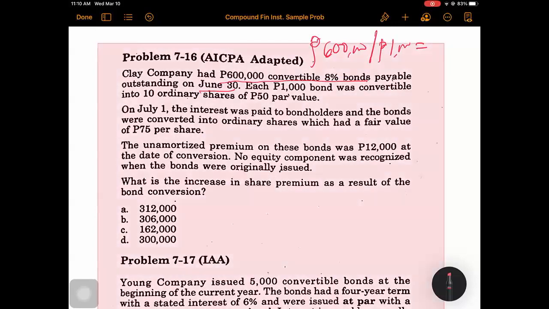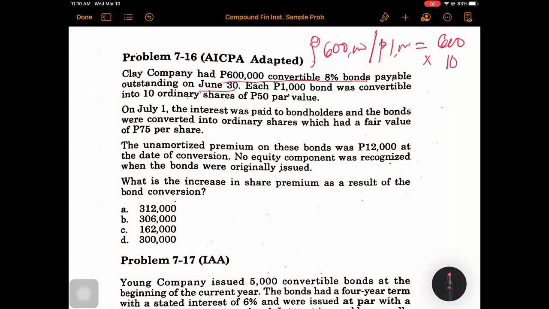Naa 600 ka bonds nga tig 1,000, pwede siya ma-convert into shares, 10 ordinary shares per 1,000. So that's 600 times 10.